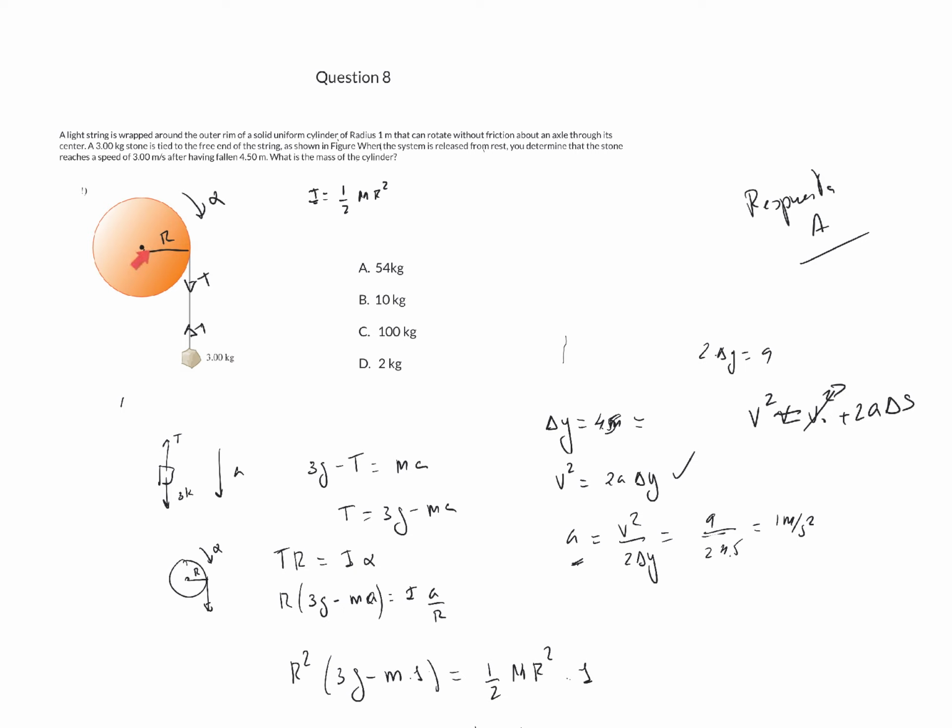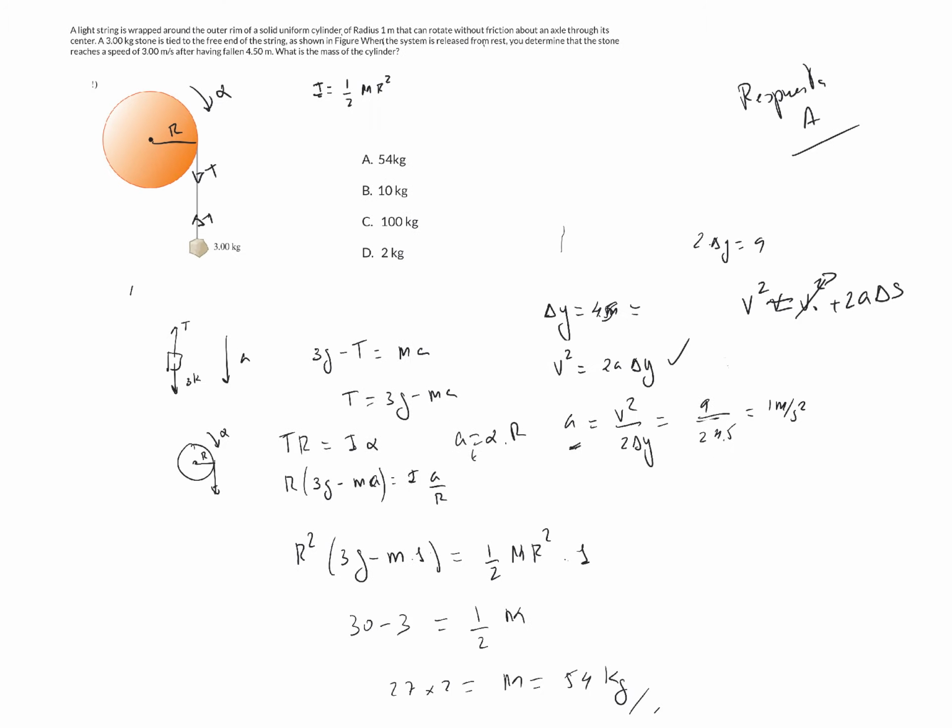It is the force perpendicular to R. Force perpendicular T times R equals I times alpha. T is 3g minus ma, times R, equals I times alpha, but a is related to alpha by a equals alpha times R. The tangential acceleration is the angular acceleration times the radius.